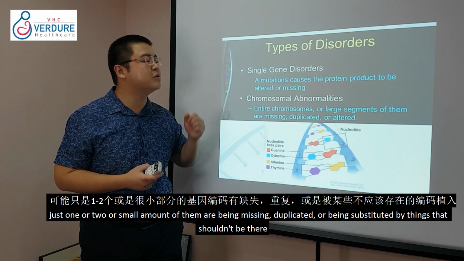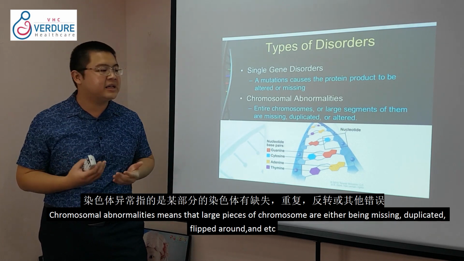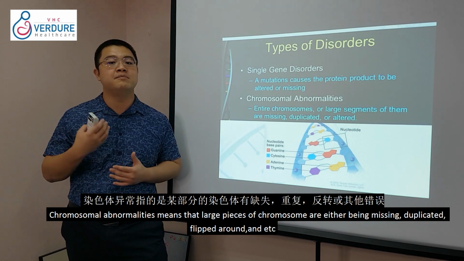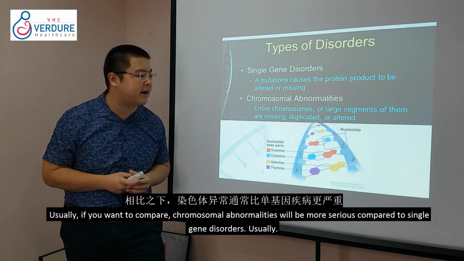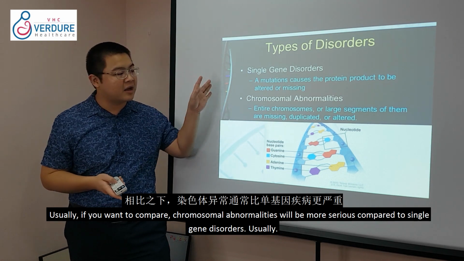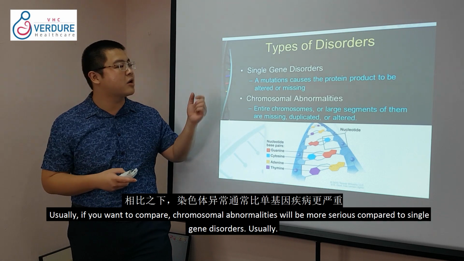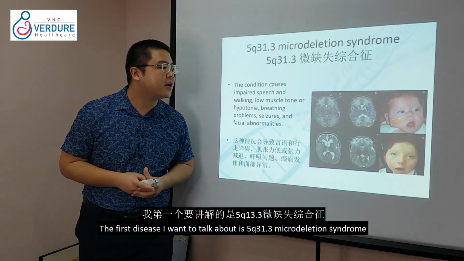This is single gene disorders. The other is chromosomal abnormality, meaning large pieces of the chromosome have been missing, duplicated, flipped around, and so on. Usually, chromosomal abnormalities are more serious compared to gene disorders.